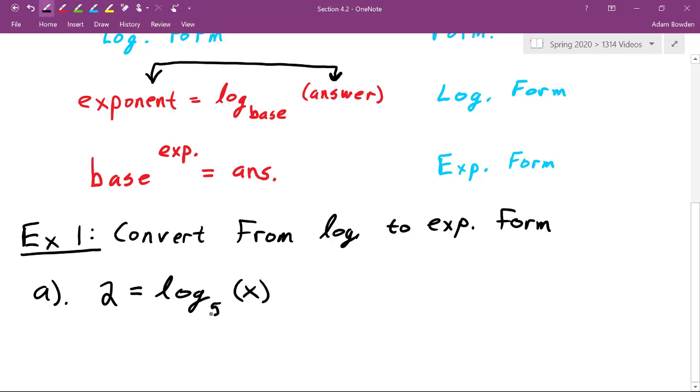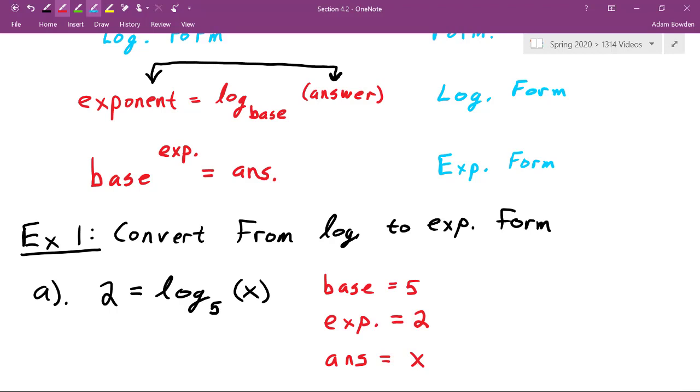If you're writing these on your own, make sure you put the base number for the log, in this case the 5, slightly below everything else. Our base is 5. Our exponent is the thing the log is equal to, the 2. And the thing on the inside, the answer, is x.